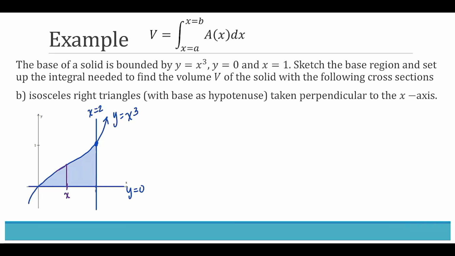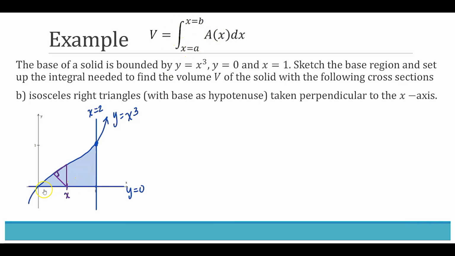So this is going to be an isosceles right triangle. So this is a right angle right here, and we're told that the hypotenuse lies along the base of the region.